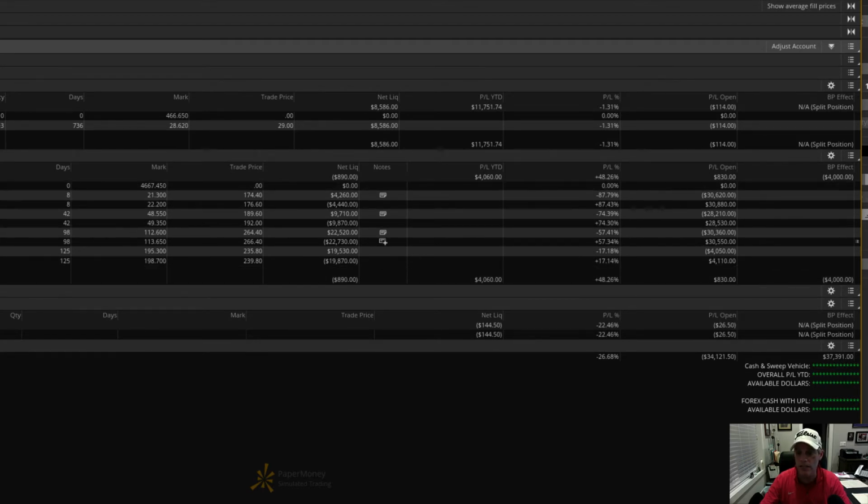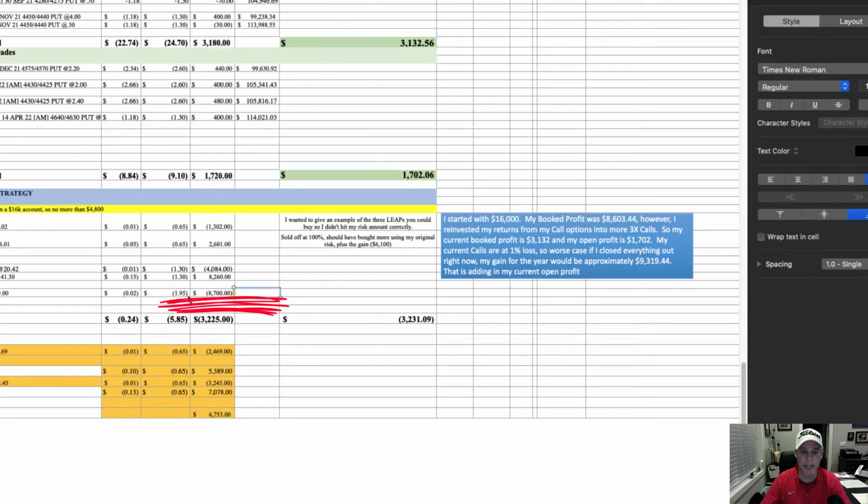So basically all I did was take all my figures, add in the $830, and subtract out the $114, because if I were to liquidate these 3 call options, I'm not going to lose. You can see those call options are worth $8,586. If we go back to the spreadsheet, I paid $8,700 for them. So I just pulled that number out of there.